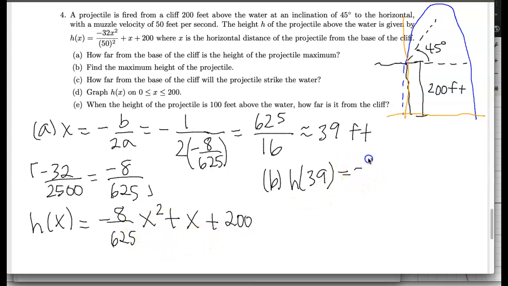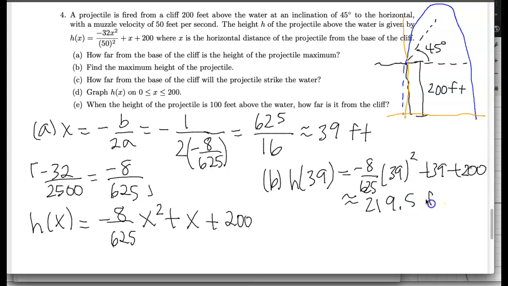So we'll have negative 8 over 625 times 39 squared plus 39 plus 200. And when we bust out our calculators, I'm getting approximately 219.5 feet.